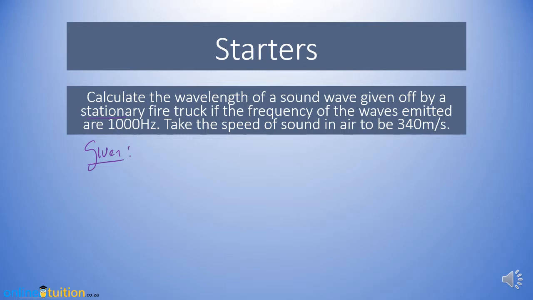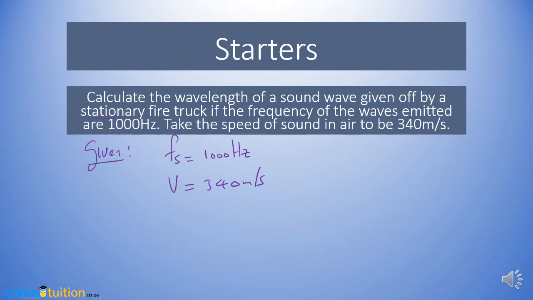So we're given that the frequency of the source is 1,000 hertz, and the speed of sound in air is 340 meters per second. So the velocity of sound, let's take that as v, is 340 meters per second. And what we need right now is to work out the wavelength of this sound wave.